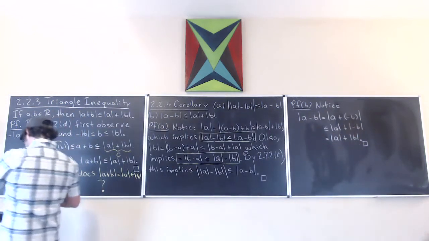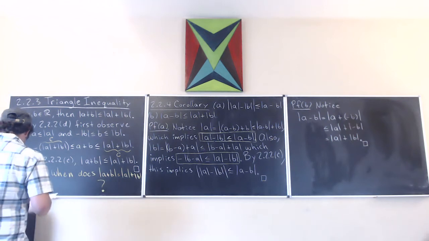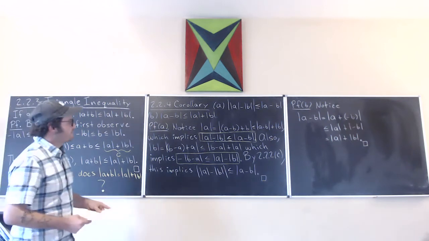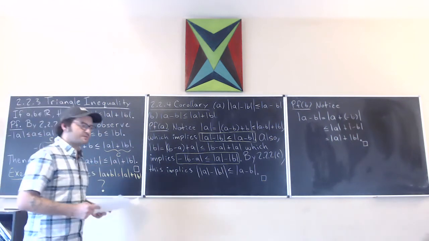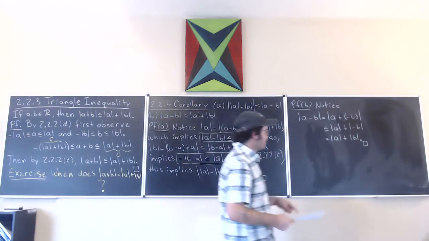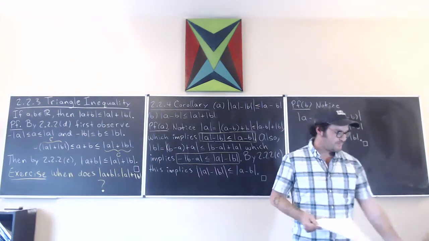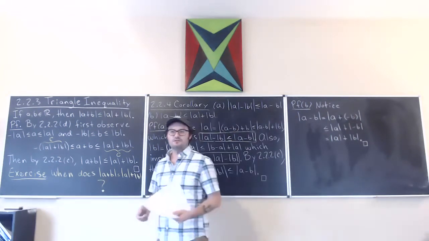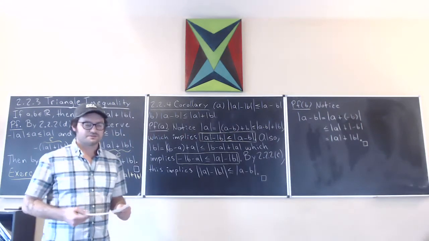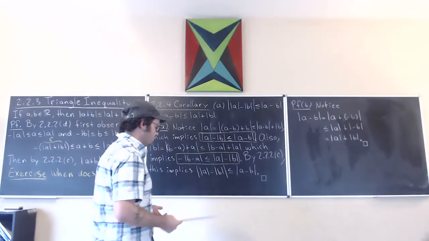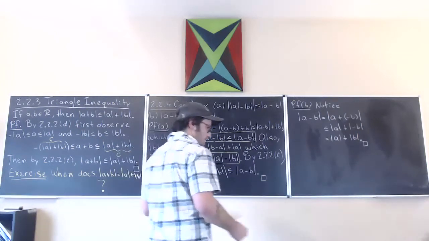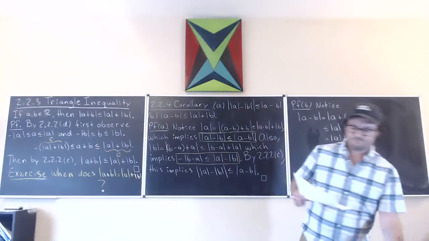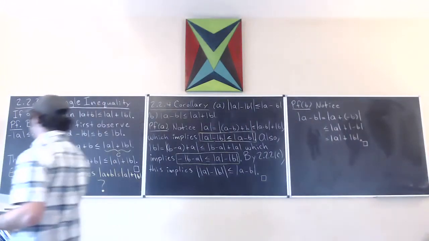So we have these very theoretical type proofs, but we also need to remember that there is a geometric interpretation or a picture that you can always draw with most things in analysis. For example, let's consider the following question.